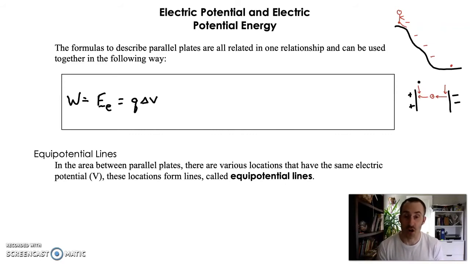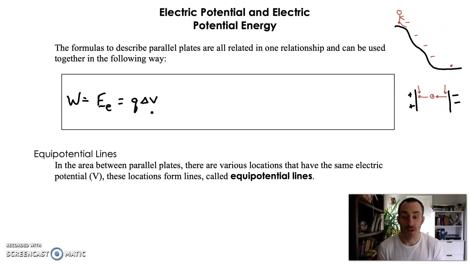A larger charge, or something with more charge, will have more energy over here than a charge that has less charge. Okay, the potential hasn't changed. The voltage change is still the same. It's just that the amount of charge will determine how much electric potential energy it has.